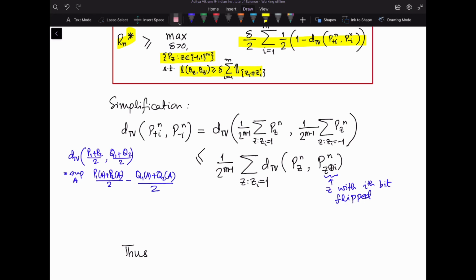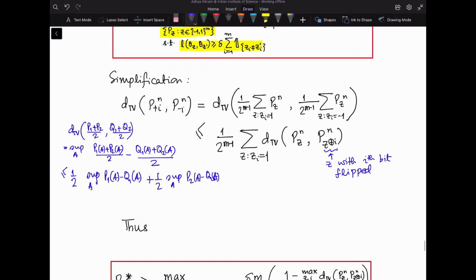You can take the half outside and separate the supremum, so you have the supremum of p1 of A minus q1 of A, and so on. When you separate the supremum, you can make this quantity larger, so what you get is something larger. This is basically the argument for this.